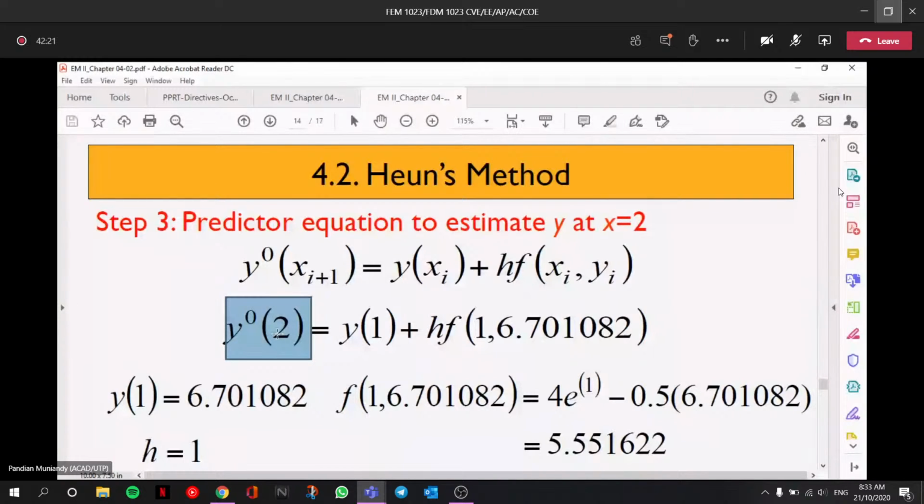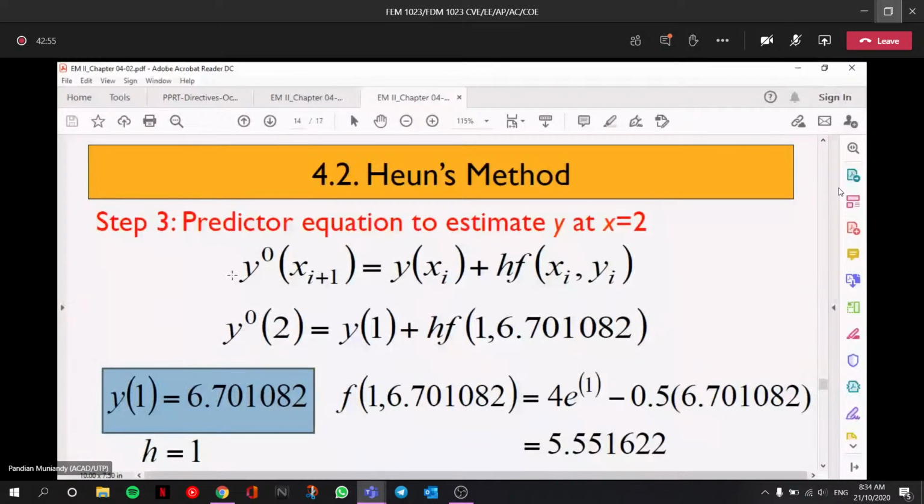For x equals 1, you already found the y, this one. But we need this, because this one you are going to put inside here. That's why the first step, you must make sure you do it 3-4 times correctly. If the first one is wrong, of course, this will be wrong. That is the disadvantage of this method, because this y0 at 2 depends on this, which you calculated just now.